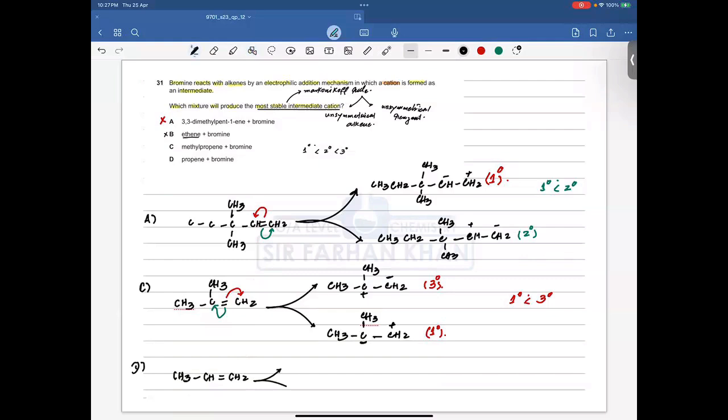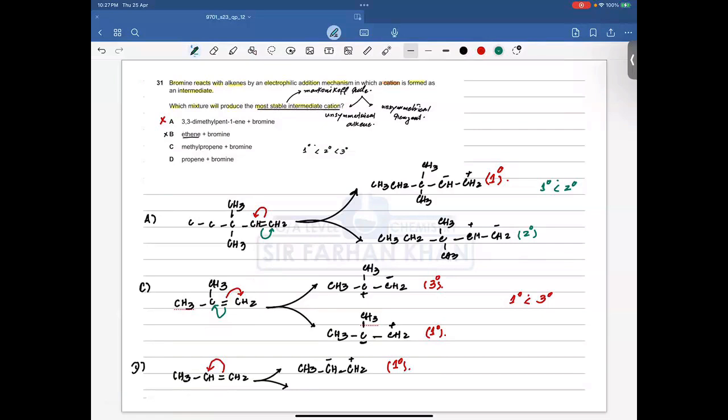It's very difficult for me to write in such a small space. Anyway, let's shift this pi bond onto this carbon atom. So this is going to be negatively charged, and this CH2 becomes positively charged. Obviously, if carbon has positive charge with two hydrogen atoms, it is going to be a 1 degree carbocation.